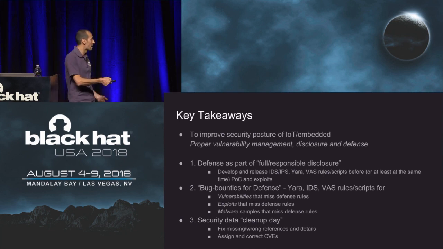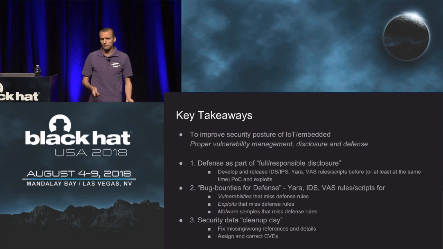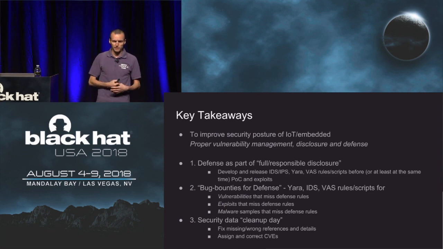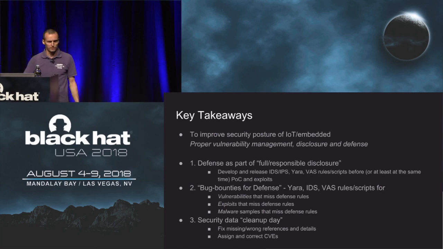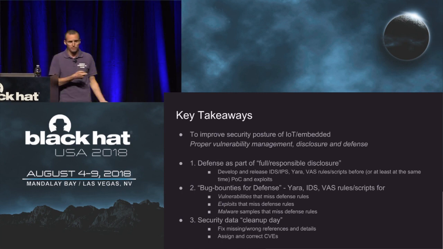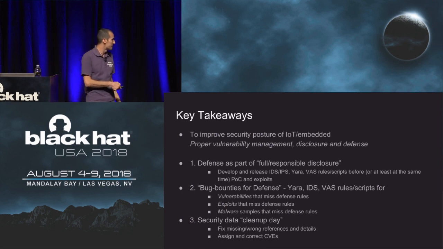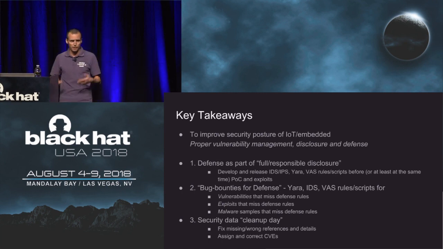Maybe having some kind of bug bounties for defense: identify the critical CVEs or vulnerabilities which do not have any defense mechanism in rule sets, and bug bounty them so that students or whoever is interested would earn some money and also develop some useful defense mechanism. And maybe also, as a community, we can do security data cleanup day challenges where we go over these sources of information like exploit DB, CVE, emerging threats, and keep updating and cleaning up the data.